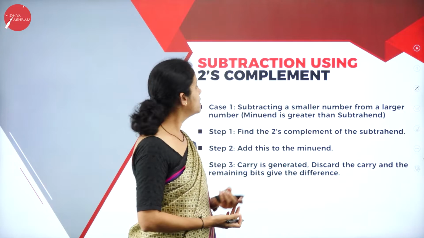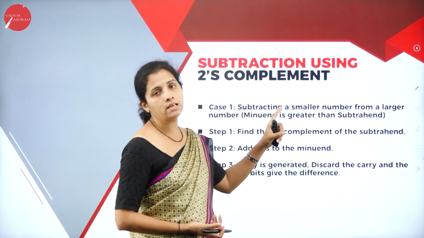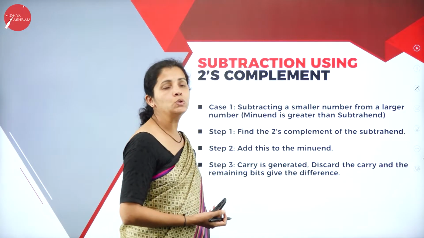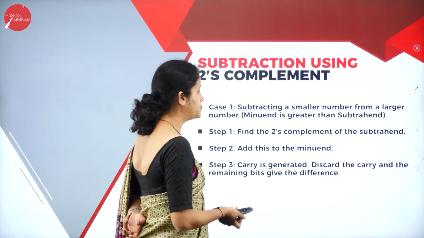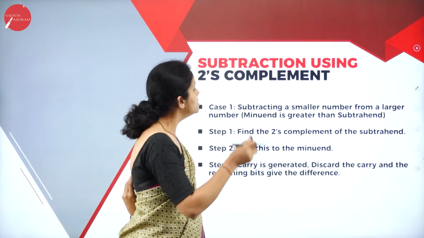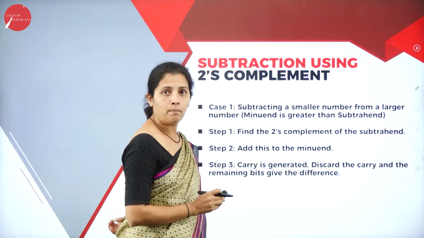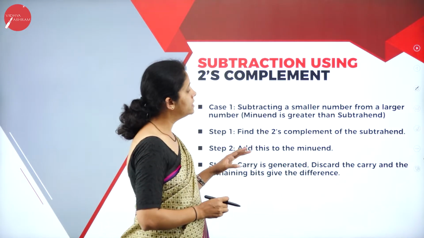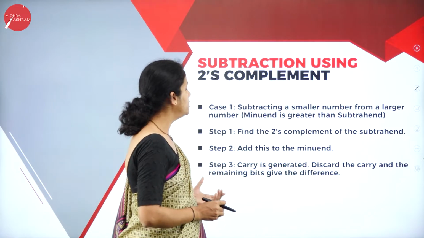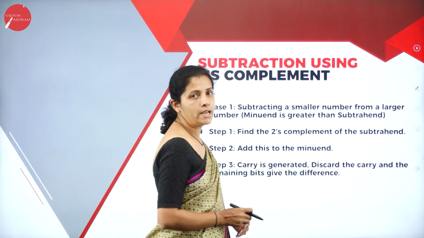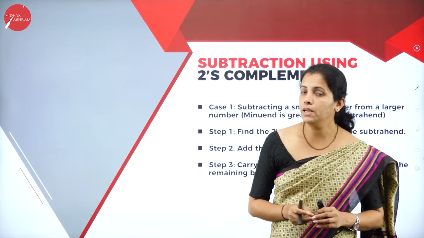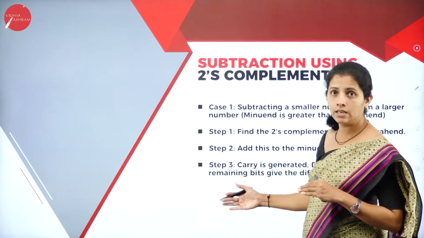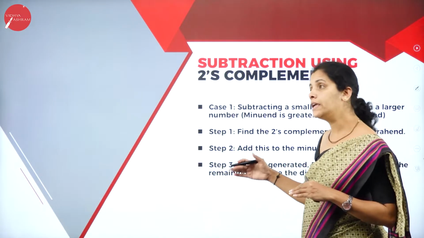That is nothing but the minuend is greater than the subtrahend. Then what's the first rule? Take the 2's complement of the subtrahend and add it with the minuend, and if the carry is generated, discard the carry and the remaining bits give the difference.